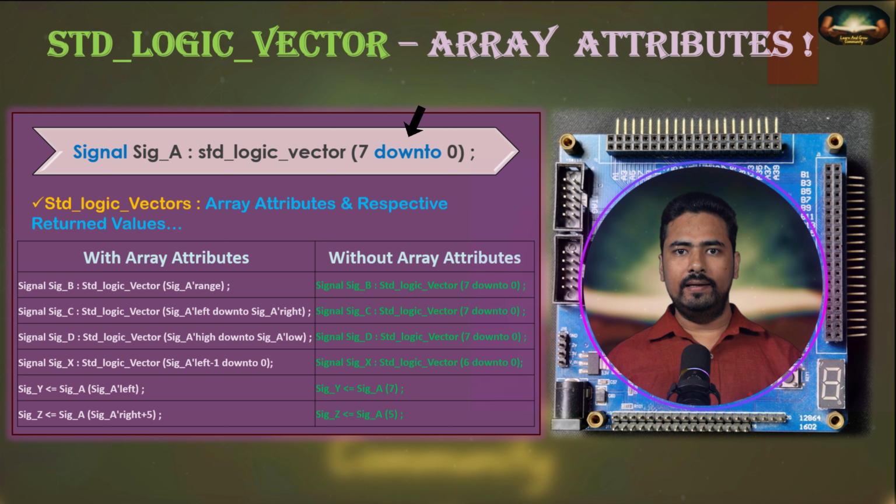So the range of signal A is 7 down to 0. Hence the range of signal B will also be 7 down to 0. This is exactly the same as if you write signal sig_B : std_logic_vector(7 downto 0); Continuing with another example, signal C is declared as signal sig_C : std_logic_vector(A'left to A'right); So for signal A, left is 7 and right is 0.